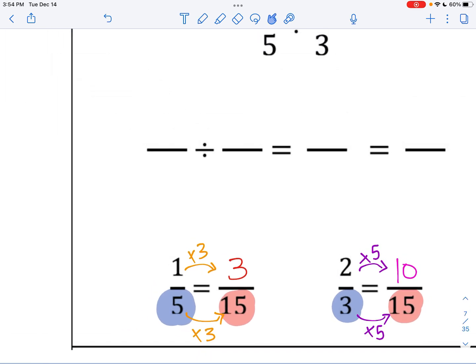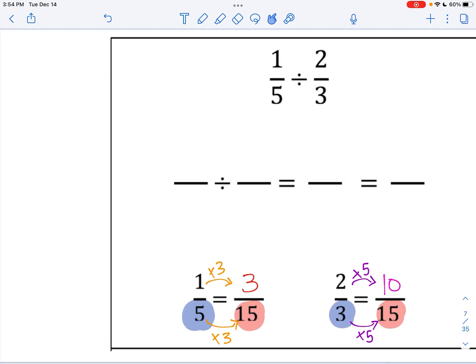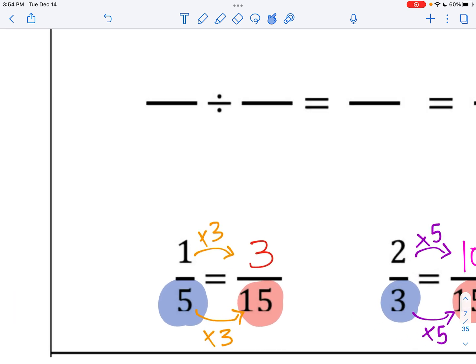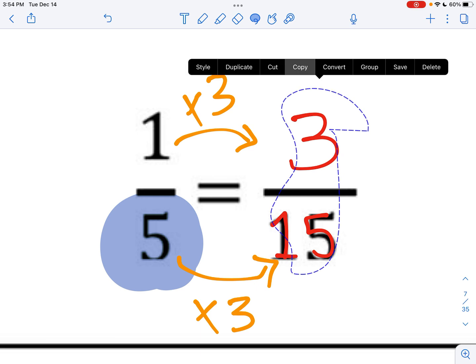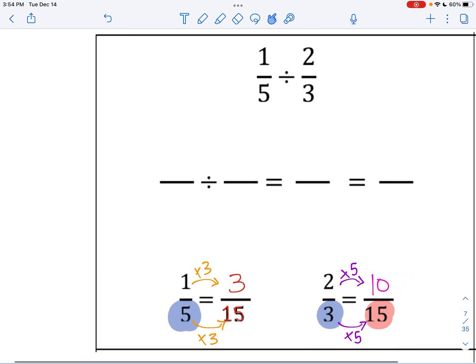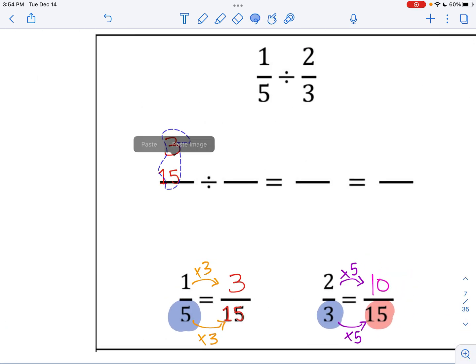So now I'm going to go back up and look at the original problem. It said 1/5 divided by 2/3. I changed 1/5 into 3/15. So I'm going to copy that, 15. I'm going to erase the highlighted. Then I'm literally going to copy, and I'm going to put 3/15 onto the first line.